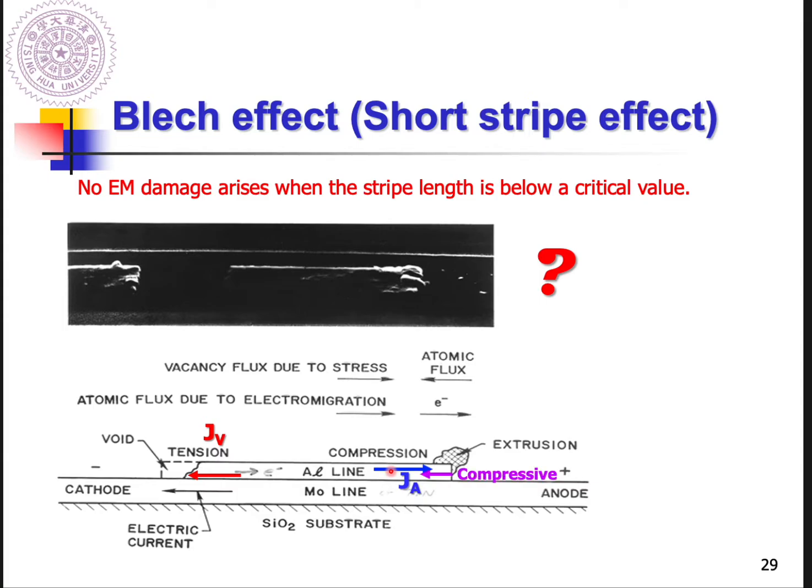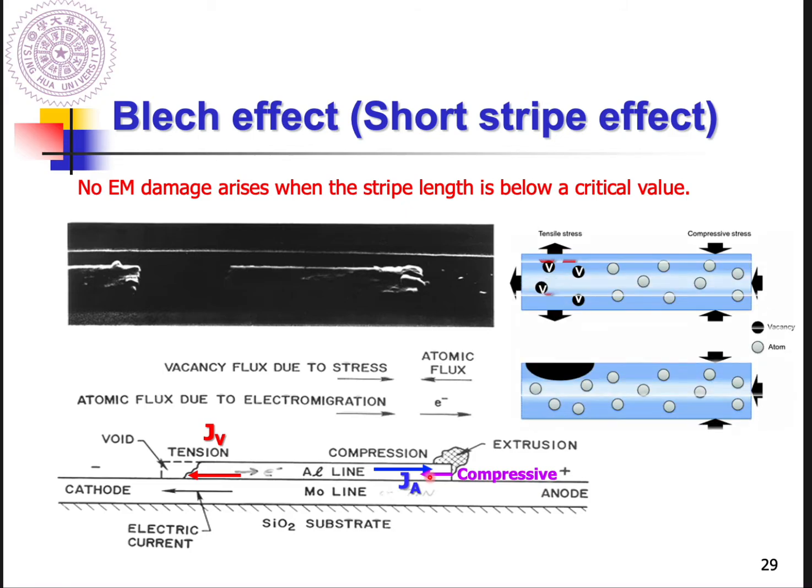So what kind of intrinsic material property are we talking about? There's an internal driving force, which is the stress field of these materials due to the atomic flux JA. Lots more atoms accumulate on the right-hand side, and the vacancies are present at the cathode, the left-hand side.